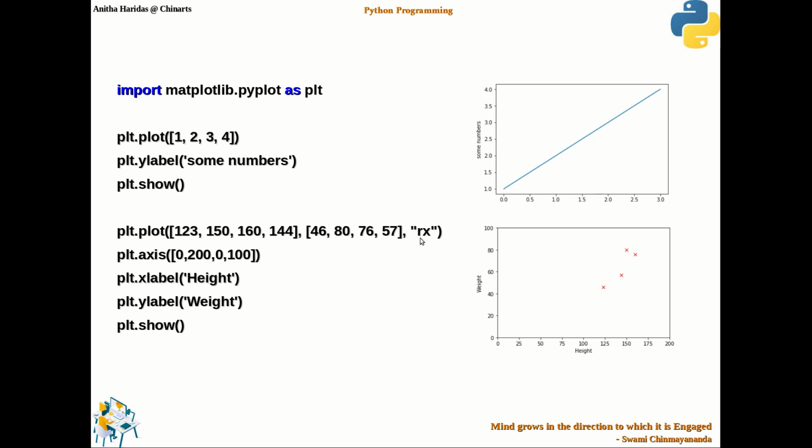That is what this 'rx' indicates. And the axis we had also seen. What is axis? It gives you the x minimum and x maximum, y minimum and y maximum. So in the x-axis I have 0 to 200 as the range of values, and in the y-axis the minimum is 0 and the maximum is 100. So I get 0 to 100.